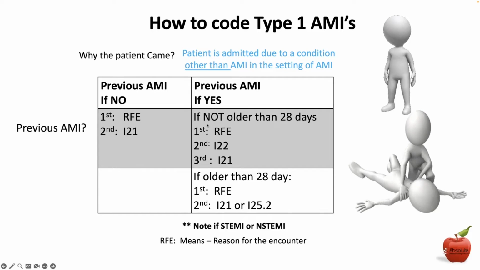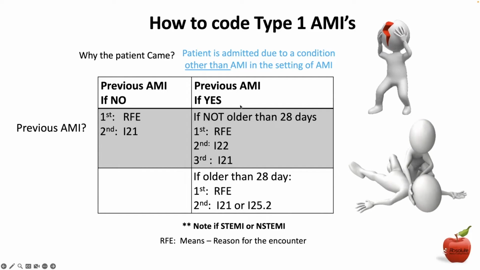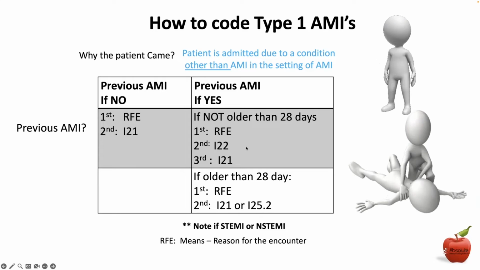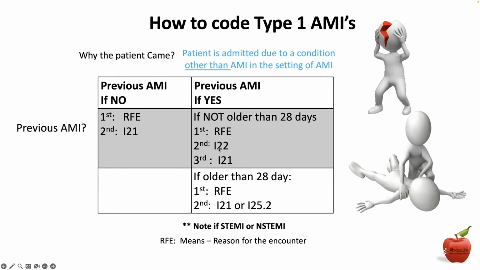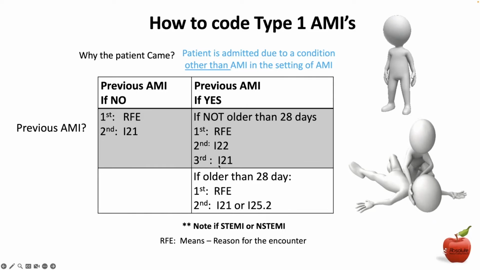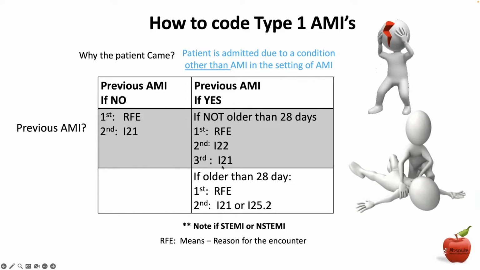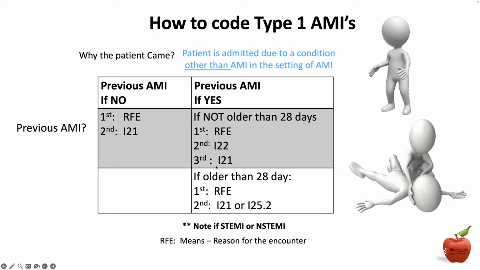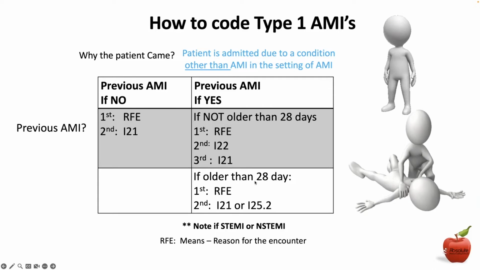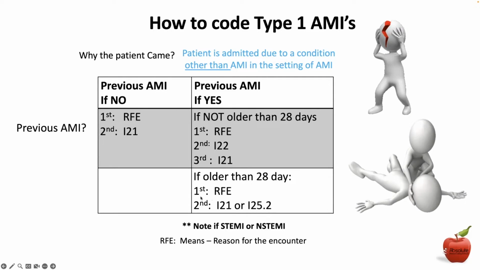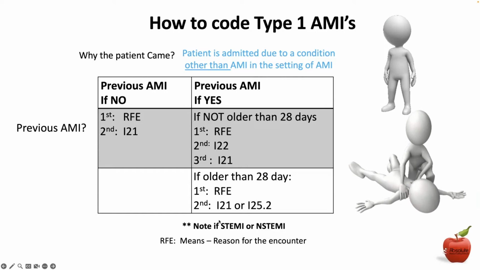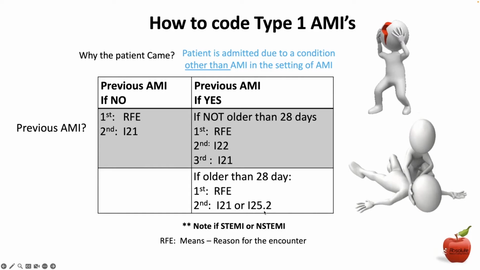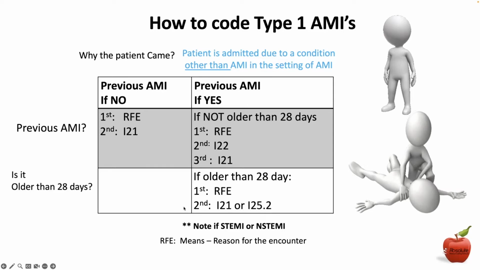And if the patient had a previous AMI that's not old, you're going to have to code that too and sequence it as follows: the RFE first, your recurring infarction second, and third, the acute, the first one. And if it's older than 28 days, you're going to sequence the RFE, and then second, I25.2.